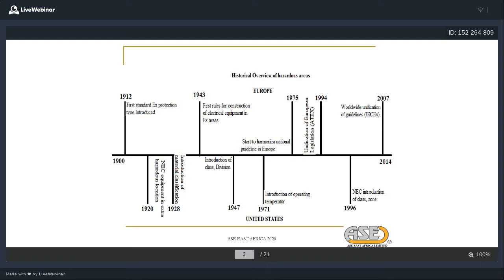So in 1971, they started to classify or to define temperatures which can ignite different materials. 1975, in Europe, they started to harmonize national guidelines.